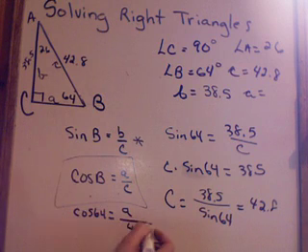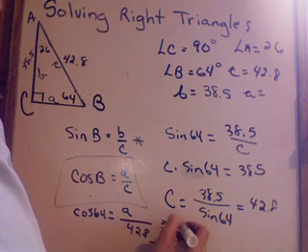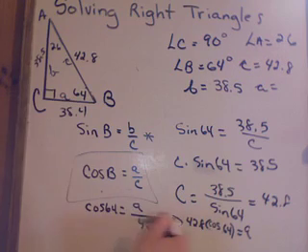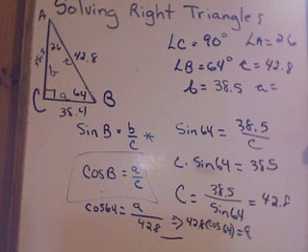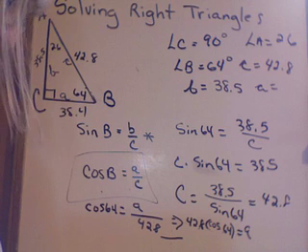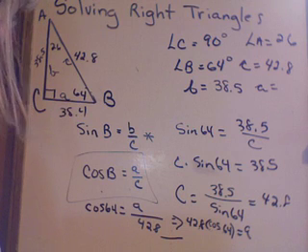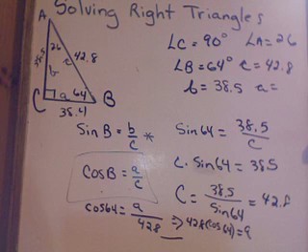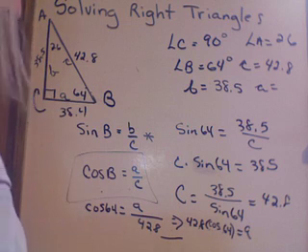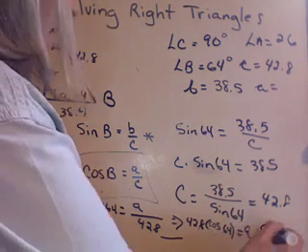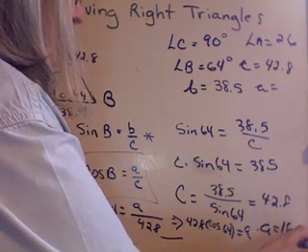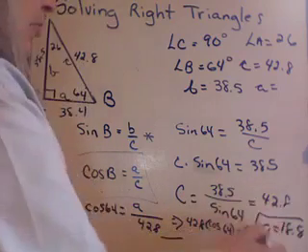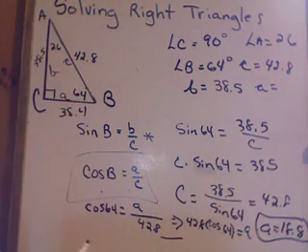Multiply both sides by 42.8, so when I rewrite that, I get 42.8 times cosine 64 equals A, and then it's just a matter of plugging it in. So let's try that. 42.8 times cosine 64 equals 18.76, so A equals 18.8. I round that a little bit. You should be trying these at the same time with your own calculator.